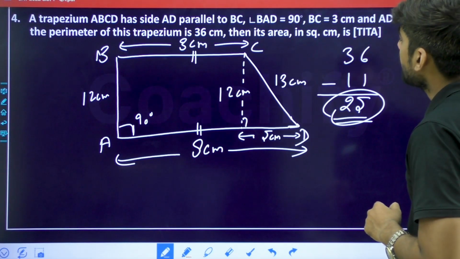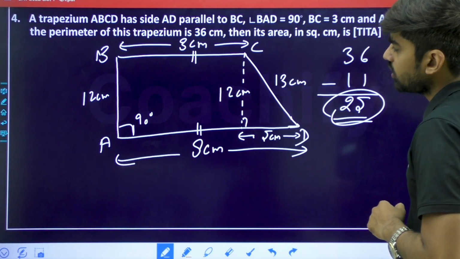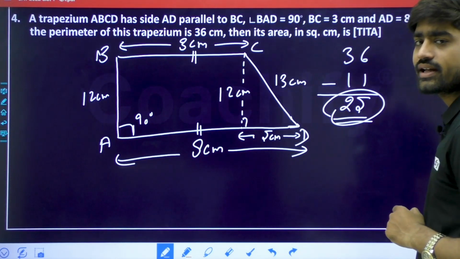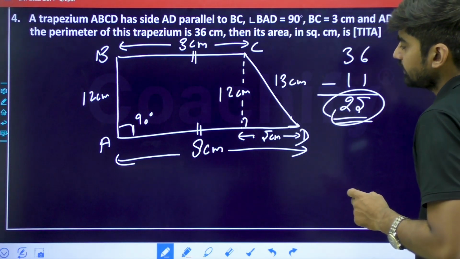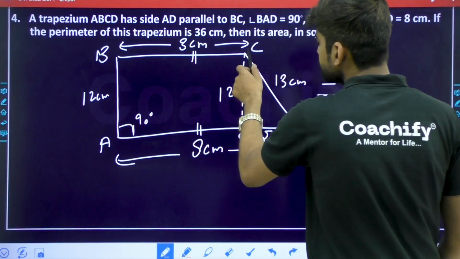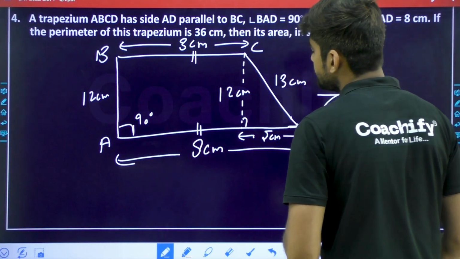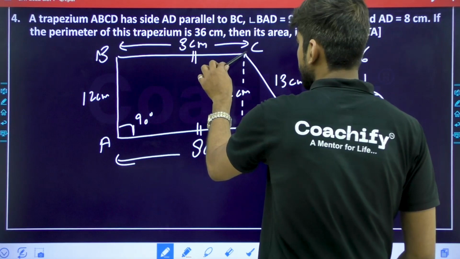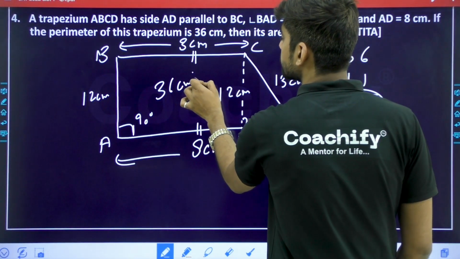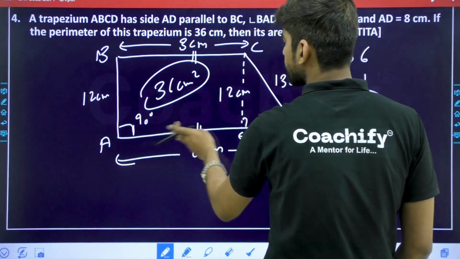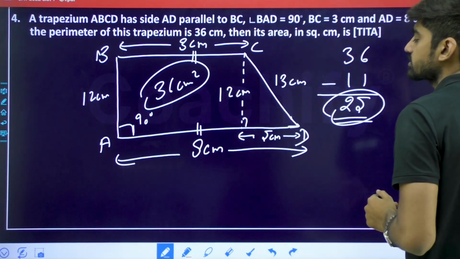Okay, so now I have to find out the area of this entire figure. If you closely look at this figure, here lies one rectangle, so its area is very easy to calculate. This is 12, this is 3, so this becomes 36 centimeters square.